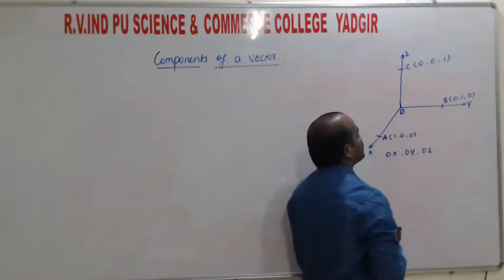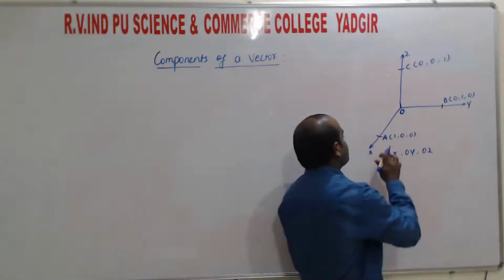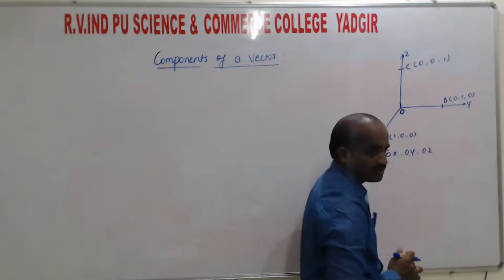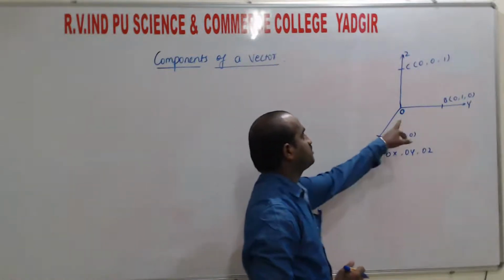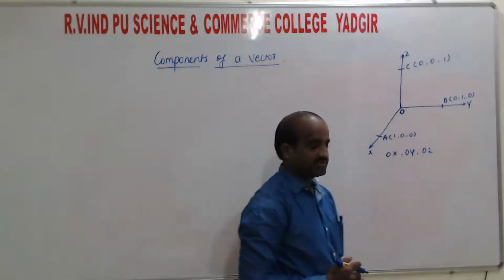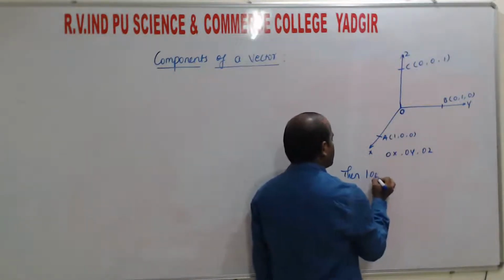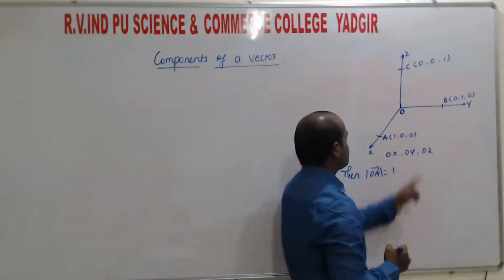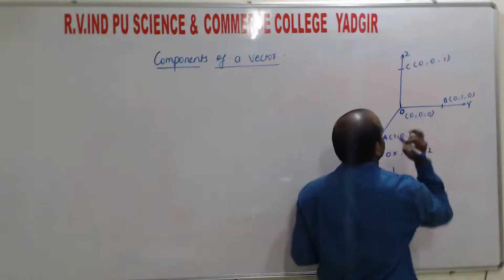So the points A, B, C lie on the x-axis, y-axis, z-axis. Then the magnitude of OA vector is equal to 1, where O is the point 0, 0, 0.